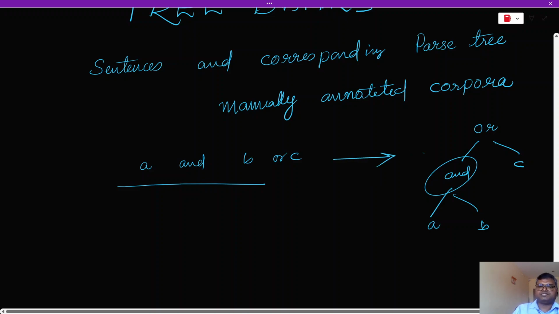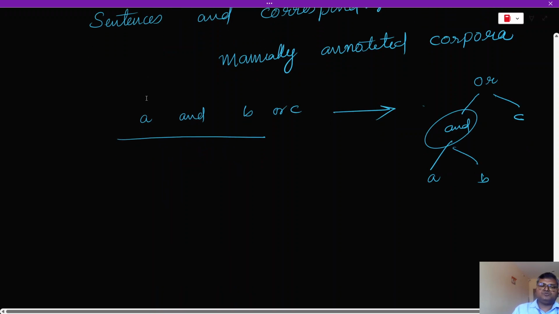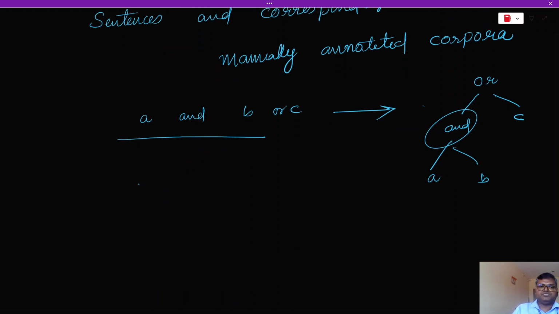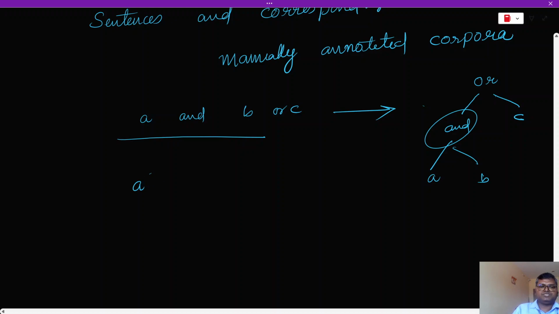Which tree is more acceptable? So there is no ambiguity. That means it can be written in different ways, right?